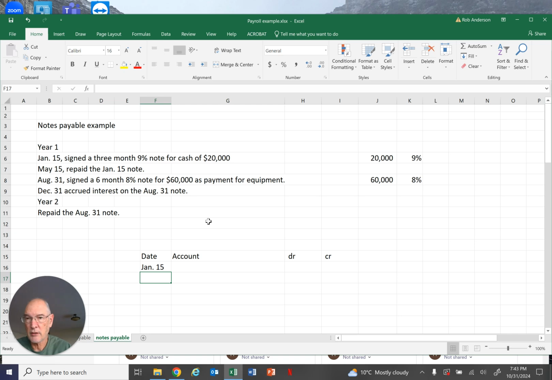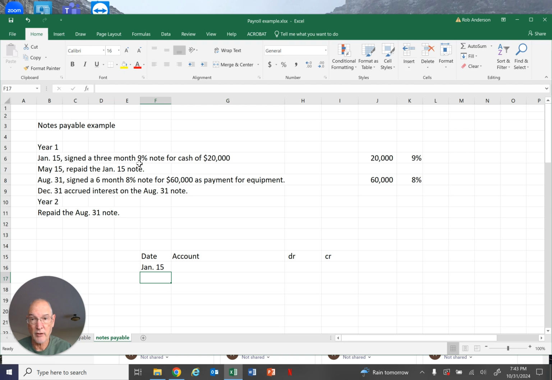So we're going to first look at the very simple note where you don't have to accrue interest. And I just want to remind you that you do need to know the interest formula for calculating interest, which is going to be the principal amount times the interest rate times time. Now, the interest rate is always provided as an annual rate.